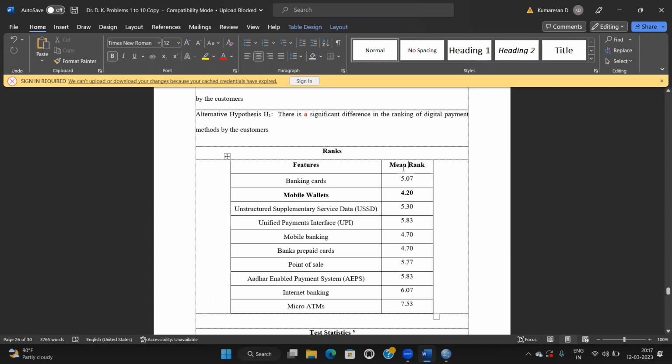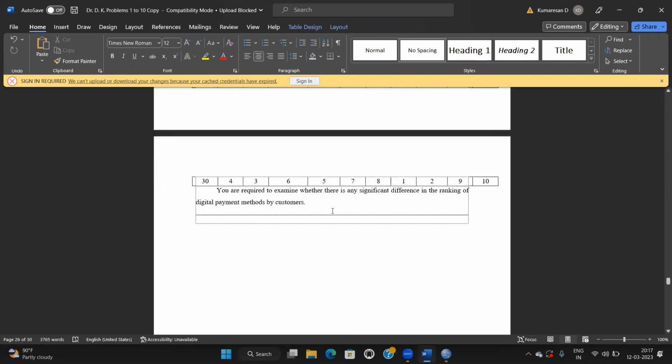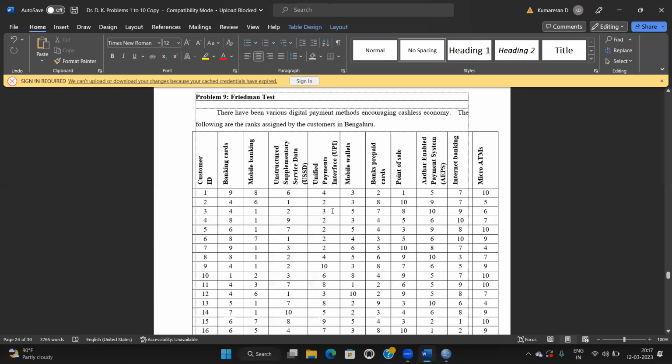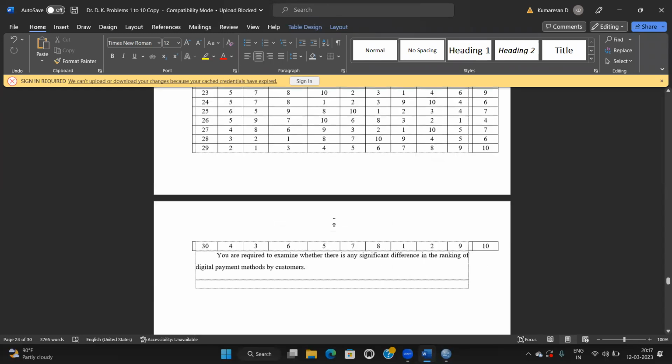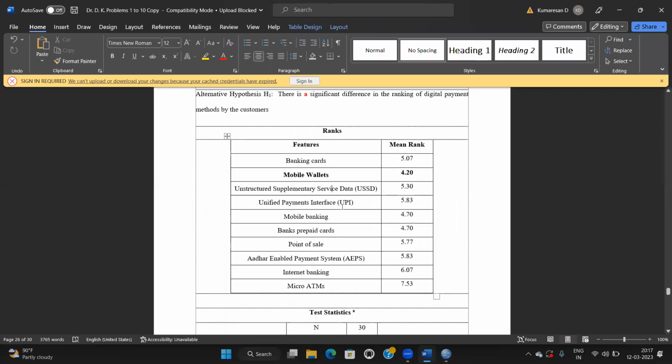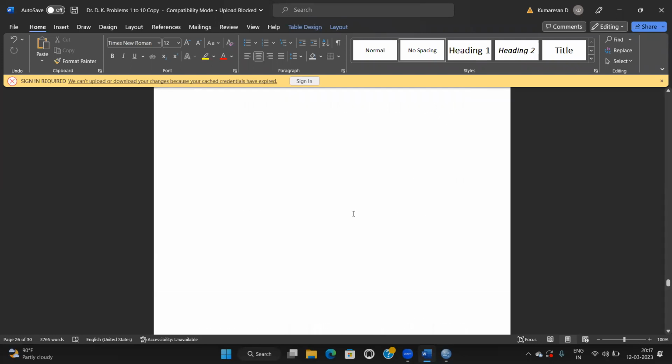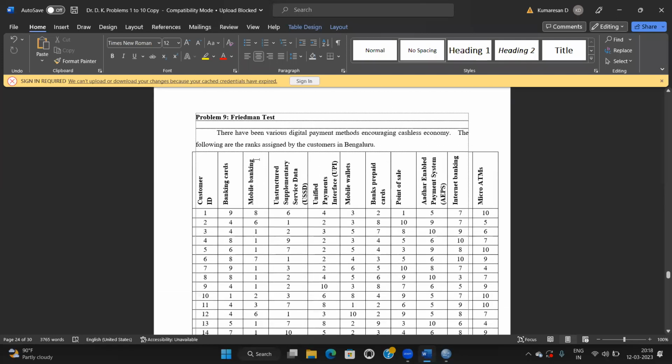Again, mean rank. So banking cards, mobile wallets, USSD, then UPI, mobile banking, bank prepaid cards, point of sale, Aadhaar enabled payment system, internet banking. I think this is mobile wallets.